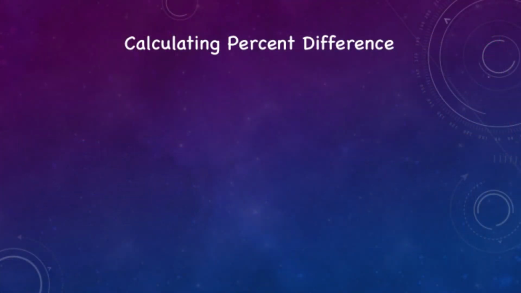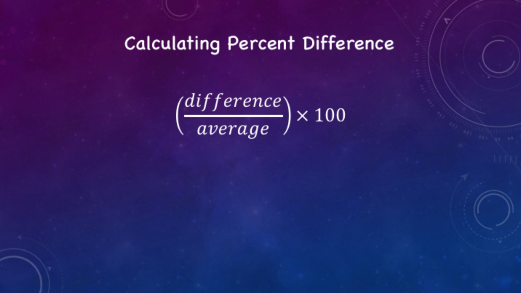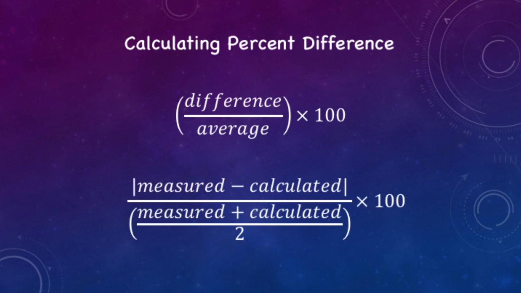To determine the accuracy, you'll calculate the percent difference between your two values with this formula: difference over average times 100. In other words, the absolute value of the measured minus the calculated values over the measured plus the calculated values divided by 2, all times 100.